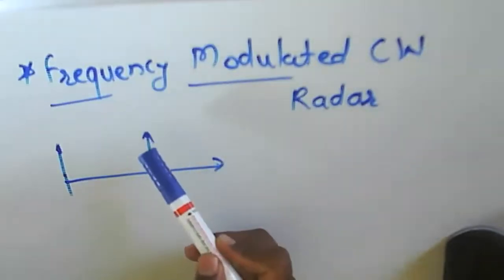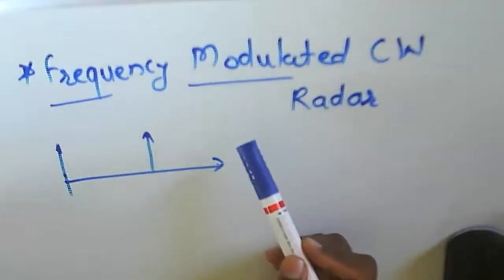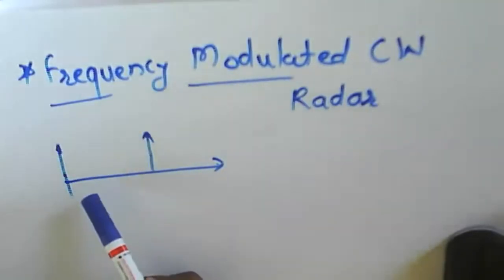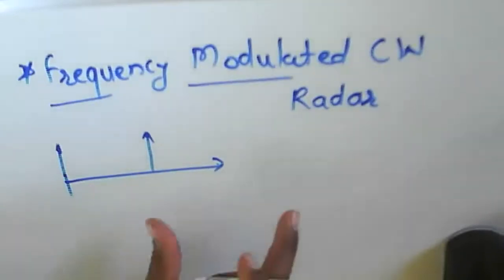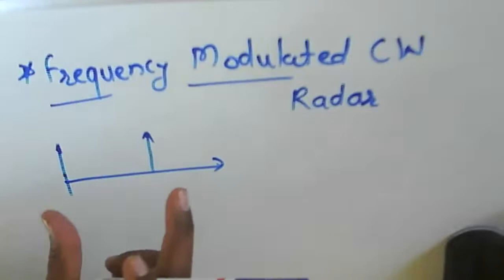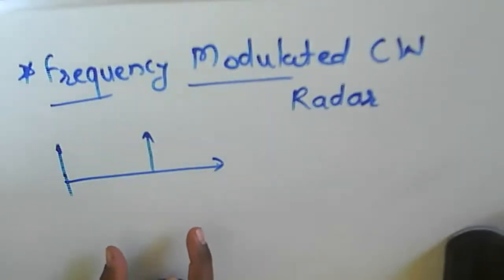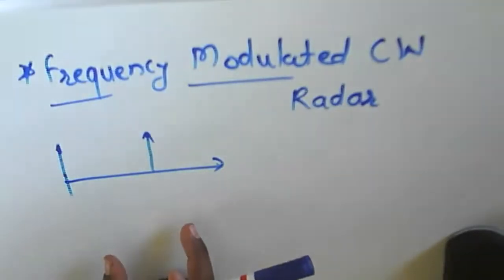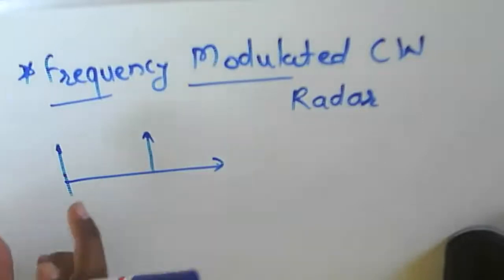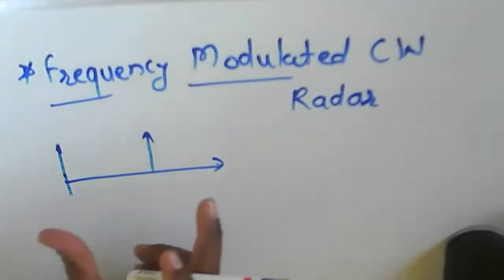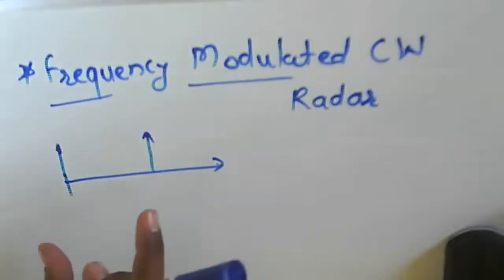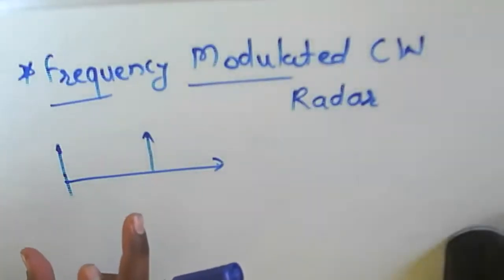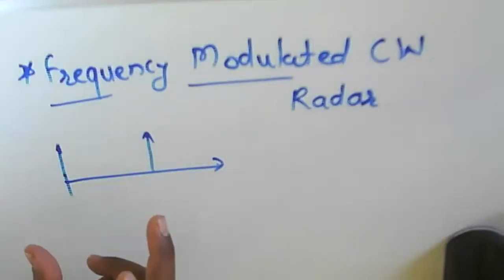If we are using amplitude modulation, then that amplitude modulation can be applied to the pulse, and the pulse is to be narrow. When we use a pulse radar, the pulse is to be narrow so we can measure the spectrum accurately.